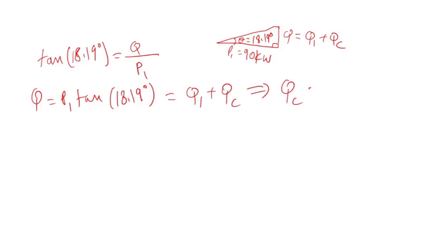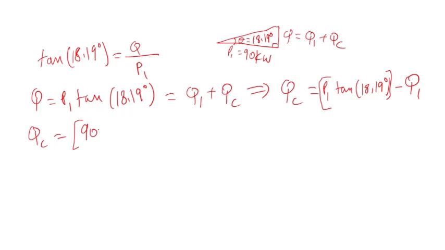So I know QC is equal to P1 times tan of 18.19 degrees minus Q1. So QC is equal to, P1 is 90 kilowatts times tan of 18.19 degrees minus Q1.